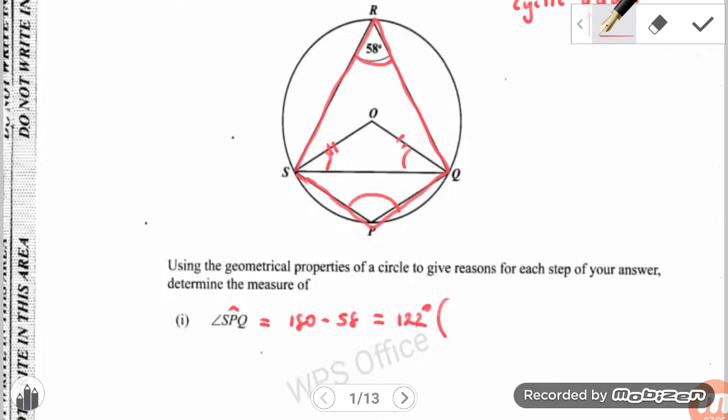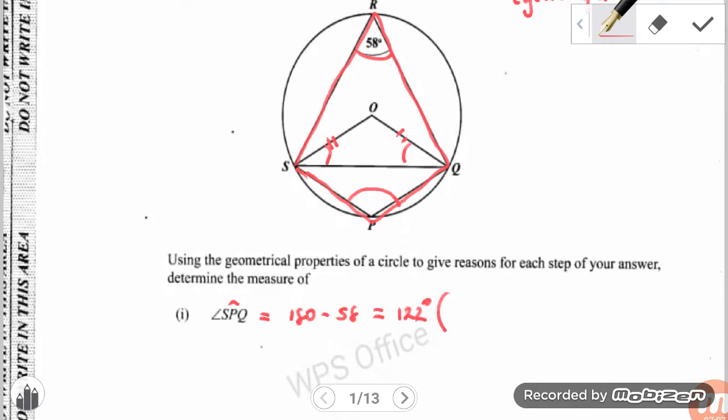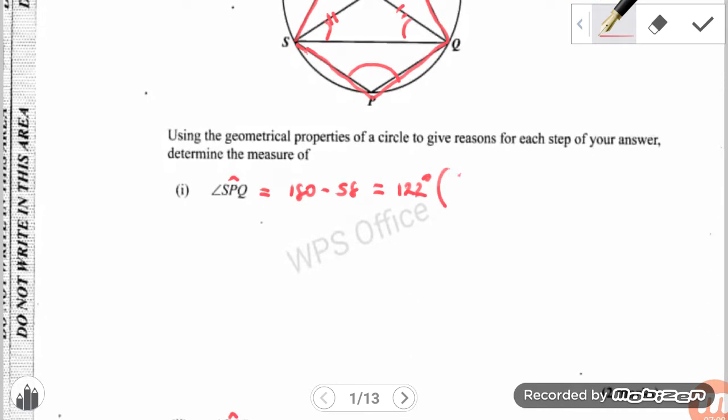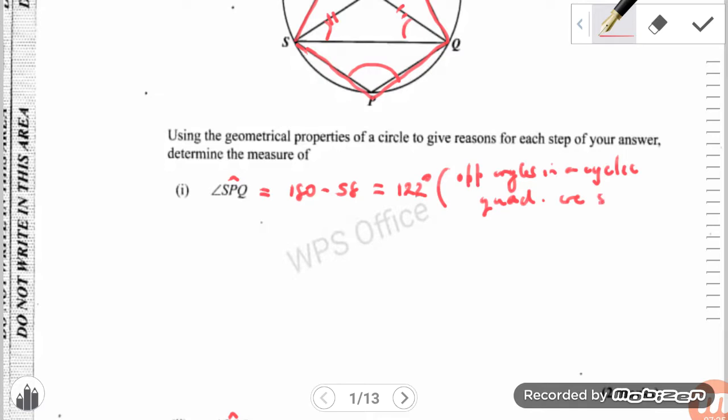The reason for that, as we stated earlier, is that opposite angles in a cyclic quad are supplementary.